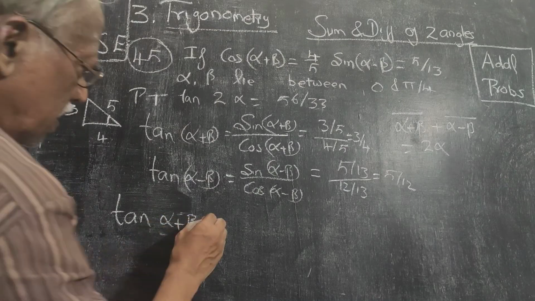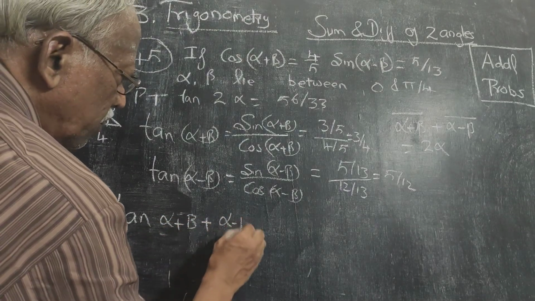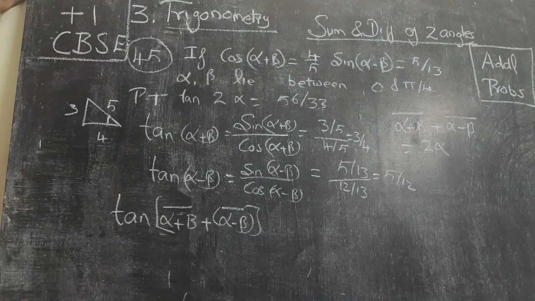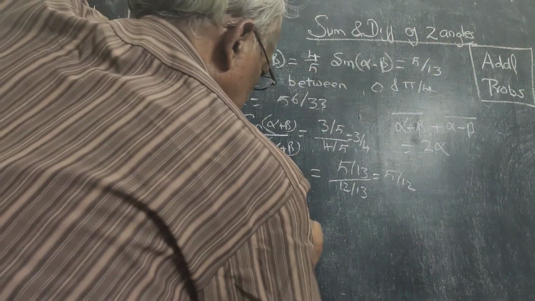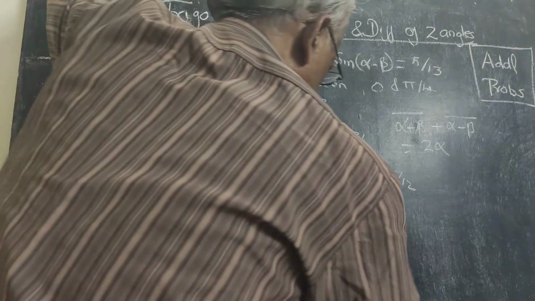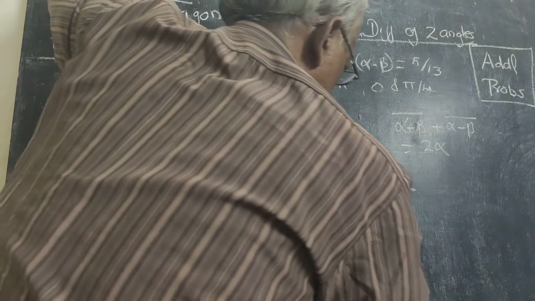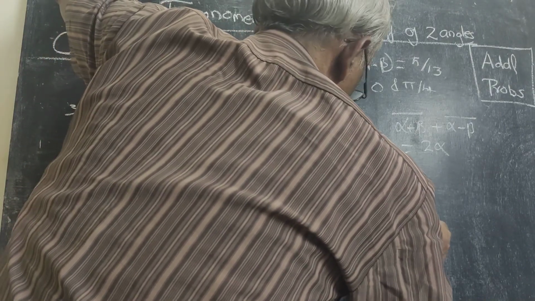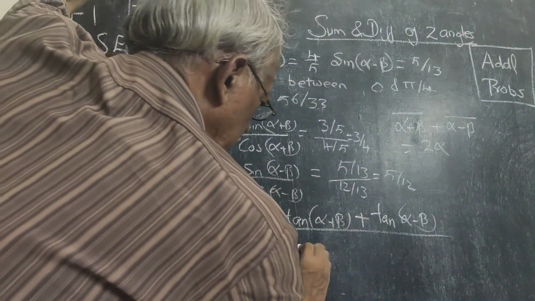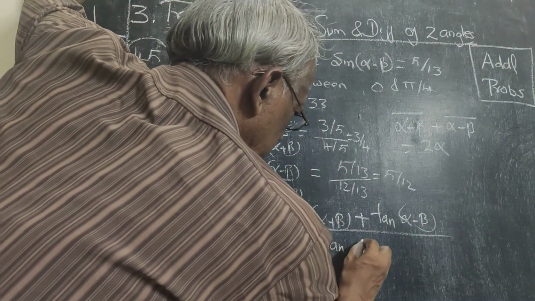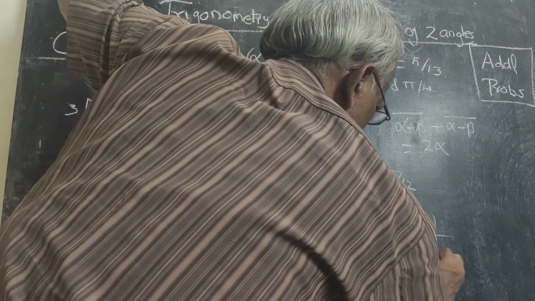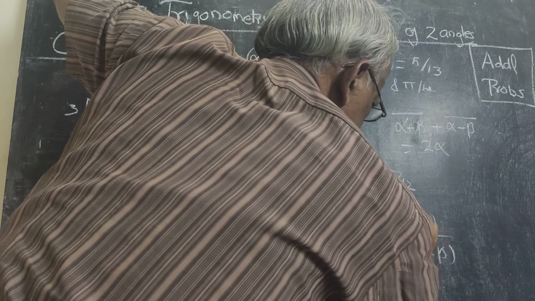So what you do is tan of (alpha plus beta plus alpha minus beta) equal to tan(alpha plus beta), tan A plus B, so tan(alpha minus beta), the whole thing divided by 1 minus tan(alpha plus beta) times tan(alpha minus beta).